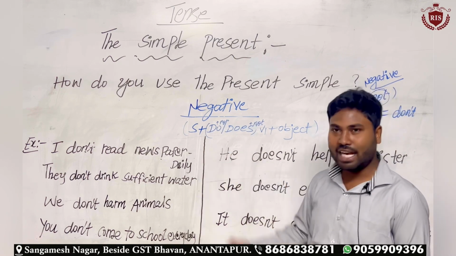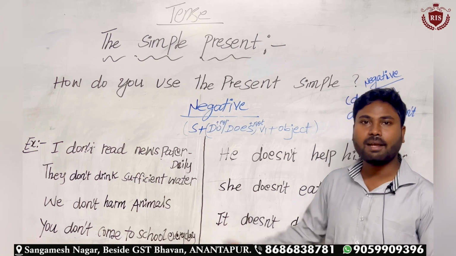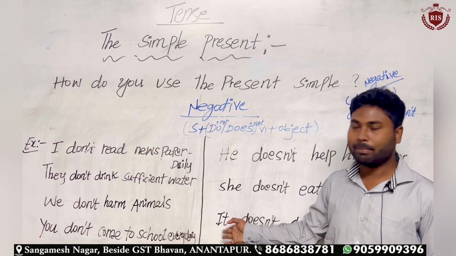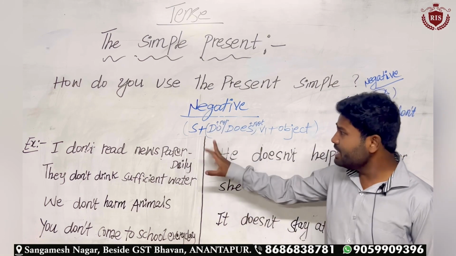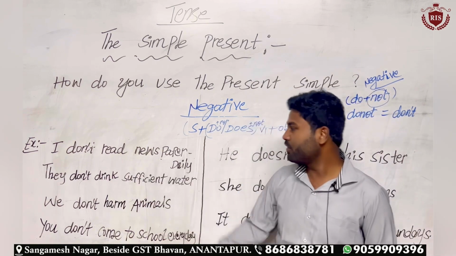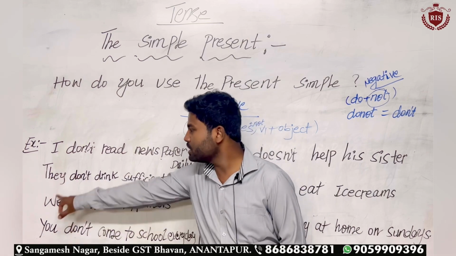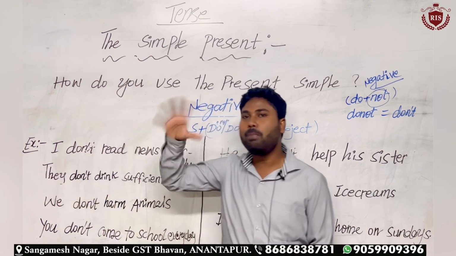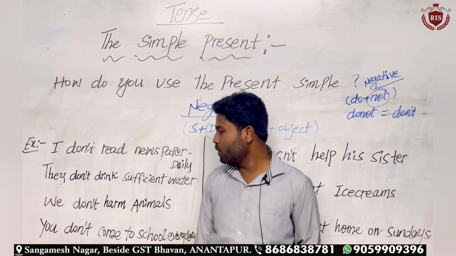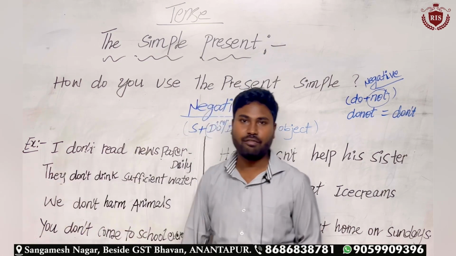In the place of she you can take a noun, and in the place of it you can take any animal or things. In the same way, even there you can take nouns instead of the pronouns they, we. If you want to take any nouns, they should be plural because they refers to plural, and we refers to plural, you refers to singular as well as plural, and I refers to yourself.